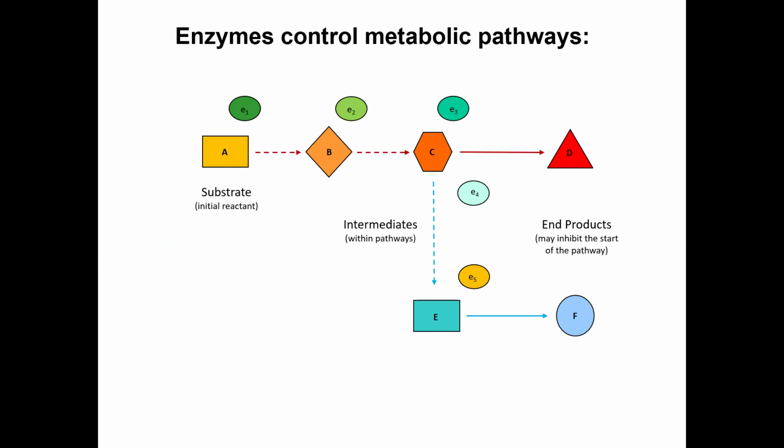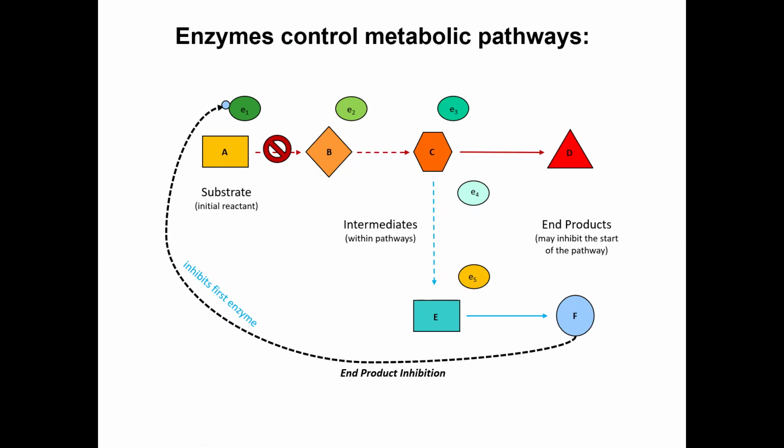The third enzyme acts on the intermediate to form the end product, which is D, or that intermediate can be used by another pathway so that another enzyme can convert it to an intermediate E, and then the final enzyme will convert it to an F. So this final product may be used as a substrate that can come and now inhibit the first enzyme. This is what we call end product inhibition.